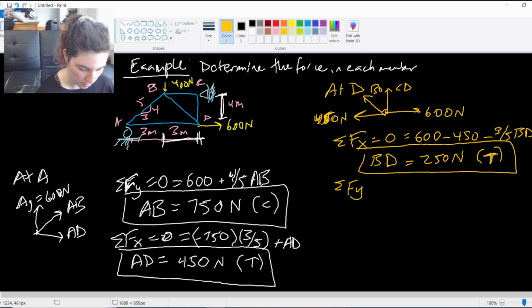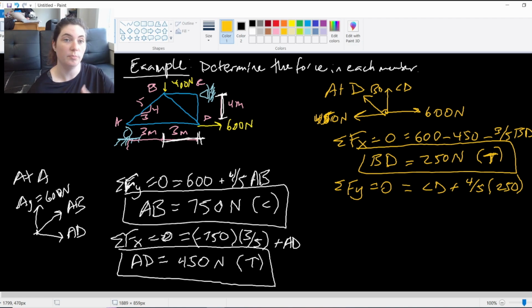My next equilibrium equation, Fy, is going to be just my CD component plus the y component of BD. 4/5 times 250. So my CD is going to end up negative. I'm going to get negative 200 newtons for CD, so it is in compression.